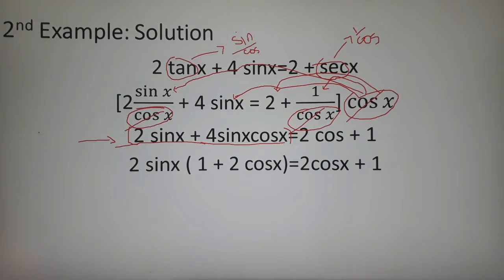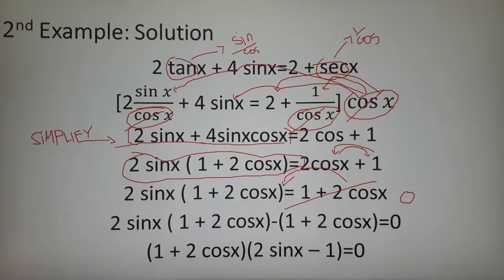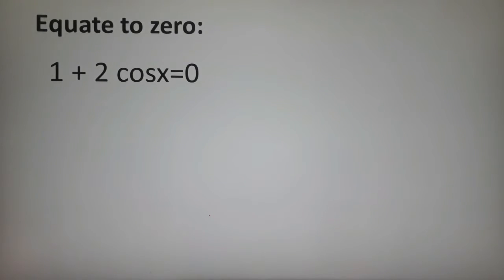So 2 sine x plus 4 sine x cosine x equals 2 cosine x plus 1. Simplify the first equation to become 2 sine x times 1 plus 2 cosine x equals 2 cosine x plus 1. Then equate to 0.